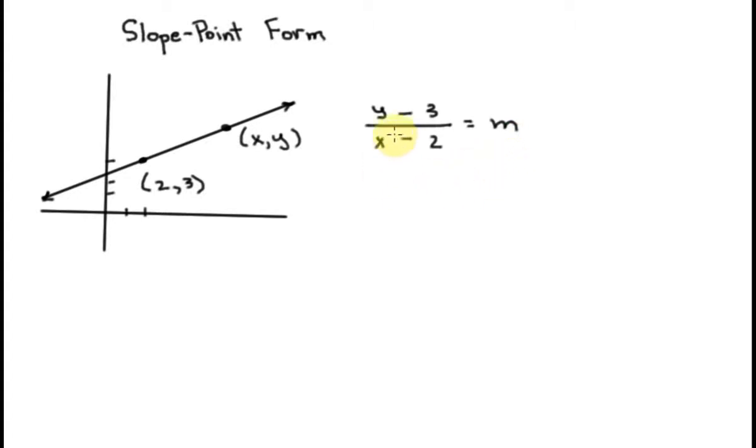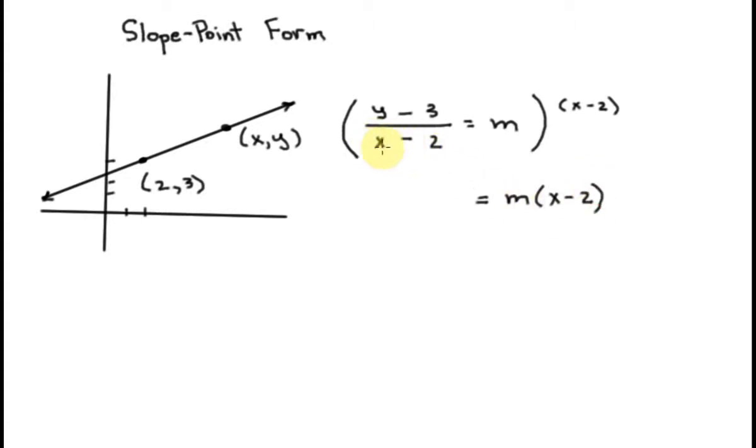Now suppose I multiplied both sides of my equation, in other words the whole thing, by x minus 2. Here's what I would get. On the right side I would have the slope m times x minus 2.